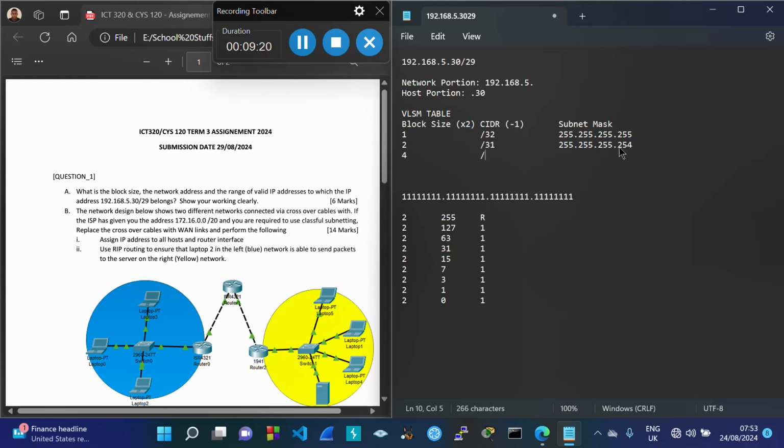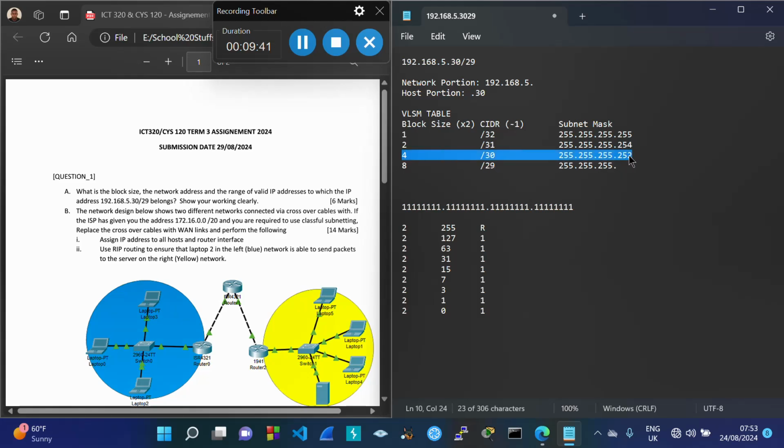And then 31 minus 1, which is 30. Then the portion which is changing, again we say 254 minus 2, which is 252. And then 4 times 2, which is 8. 30 minus 1, 29.